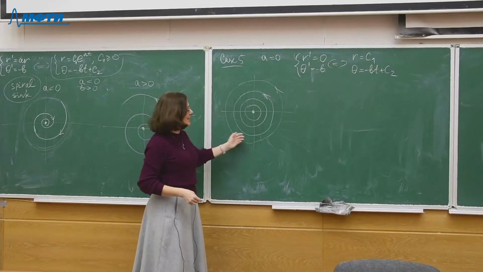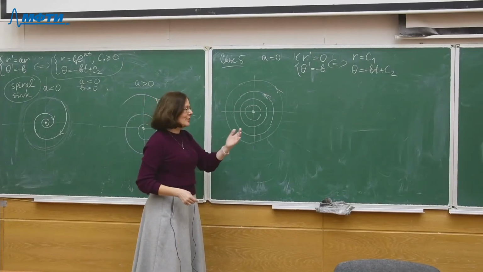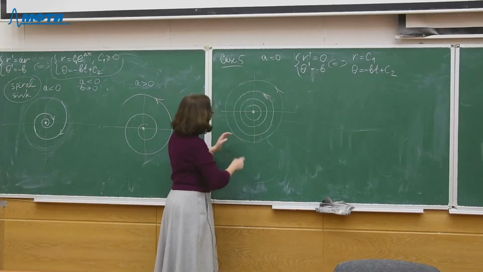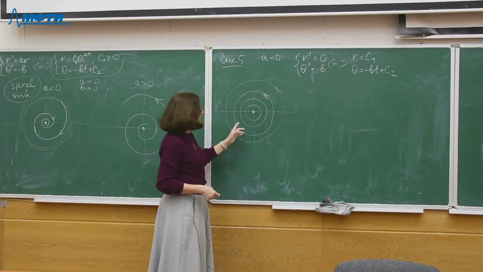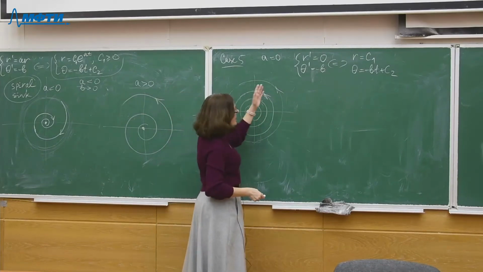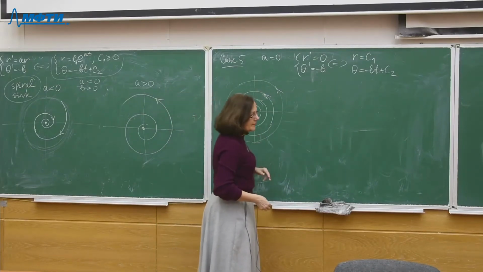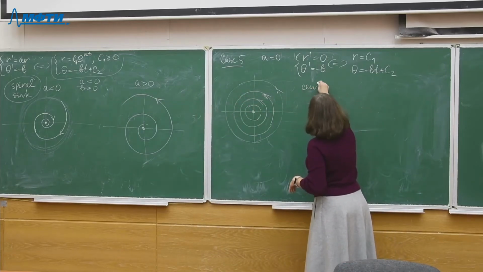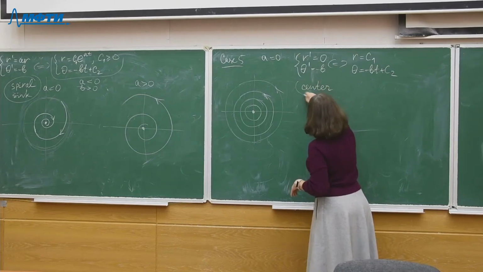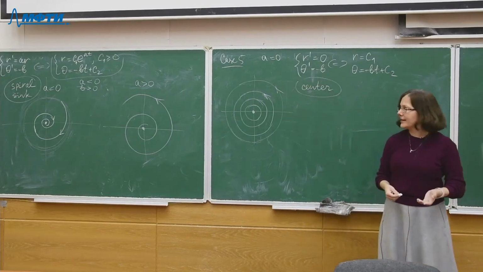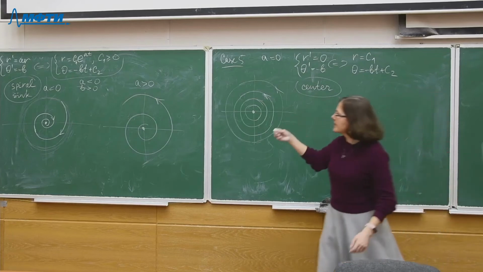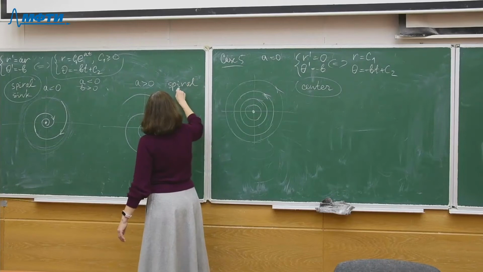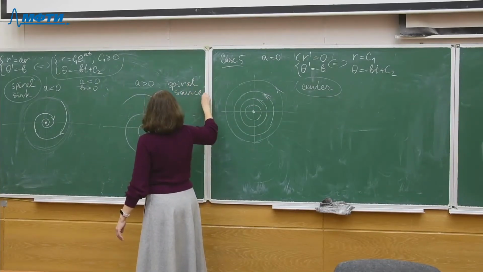It depends on the situation, so it should be analyzed in each particular case, the direction of motion around this circle. The name of this case is a center. It is called a center. So spiral source and the center.